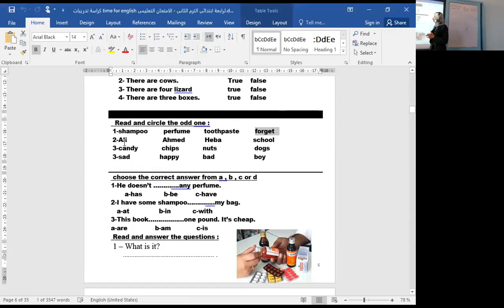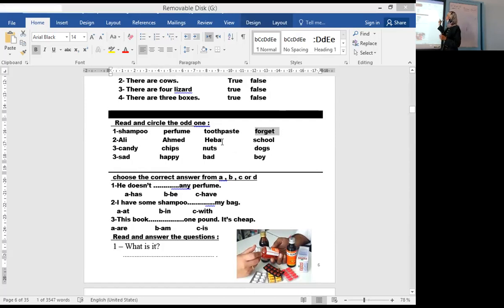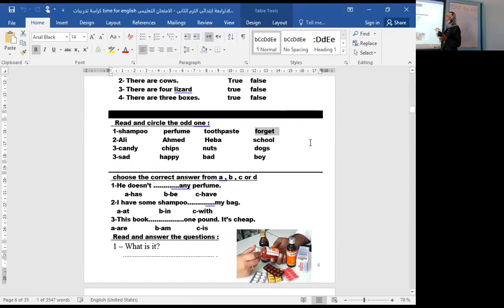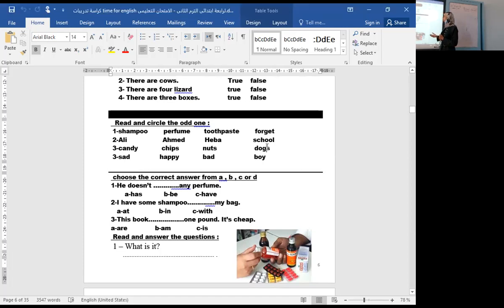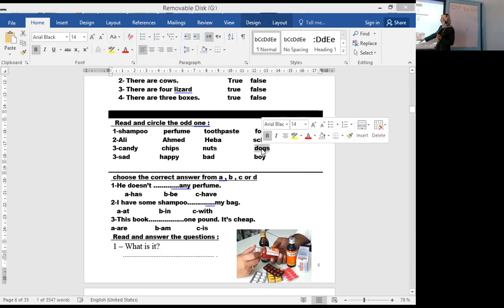Okay. And second question, Ali, Ahmad, Peppa, and school. School is the odd one. Candy, chips, nuts, and dogs. What is the other one? Dogs is an animal. Nuts, chips, candy. Of course, dogs eat the other ones.